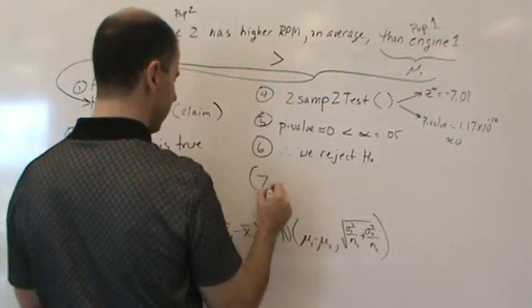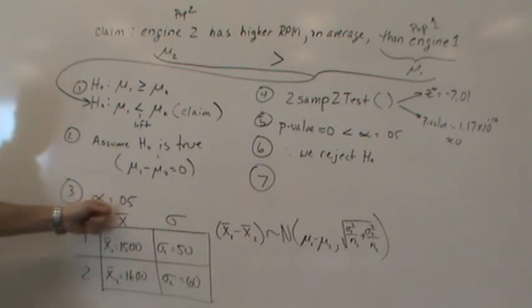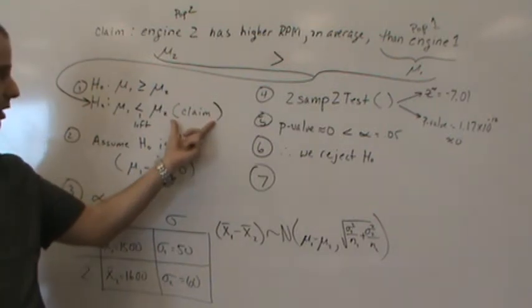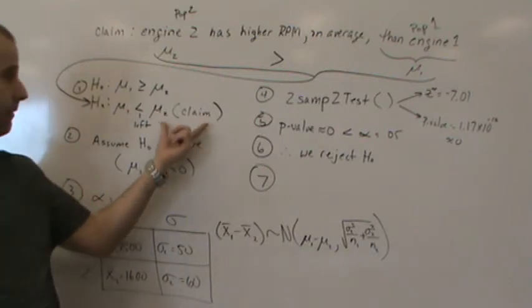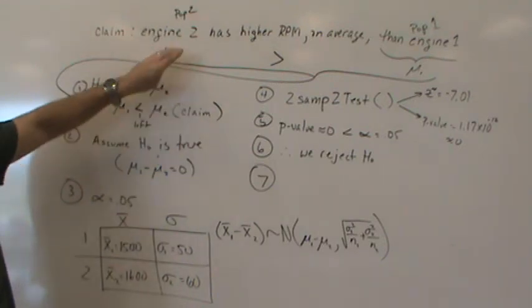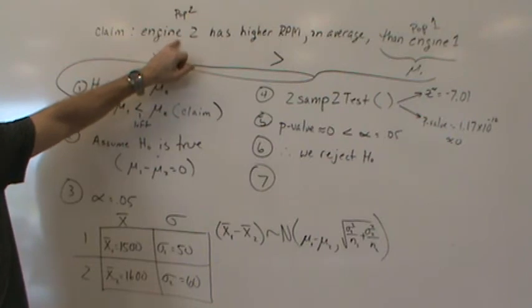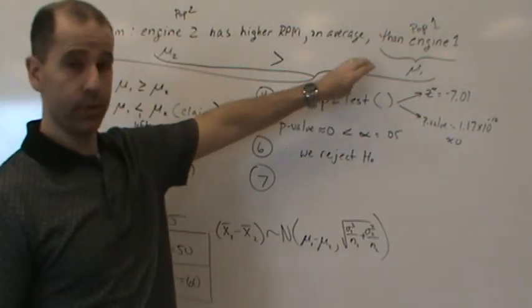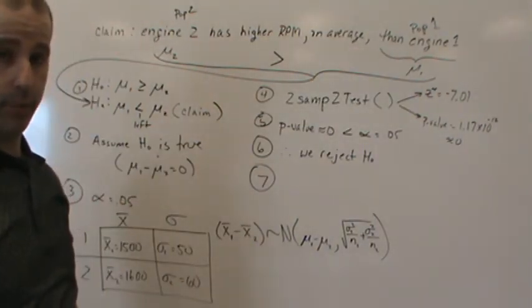And step 7 is the way we state the conclusion: at an alpha level of 0.05, and since the claim is the alternative now, there is very strong evidence based on the sample data that the RPMs for engine 2 are higher on average than the RPMs for engine 1.